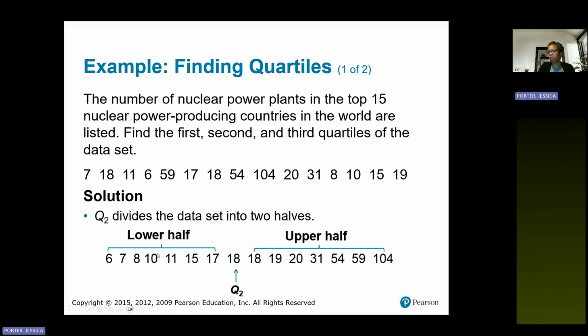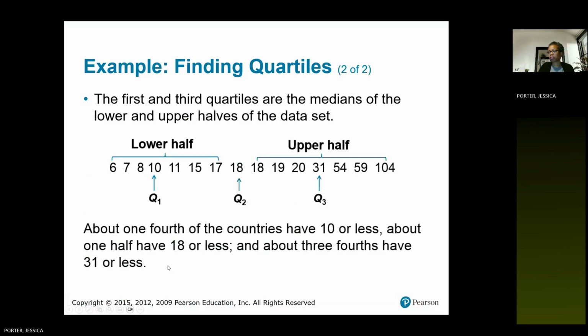We need to find quartile 1 in this, which basically is going to be your median of the first half of your data. About 1/4 of the countries have 10 or less.